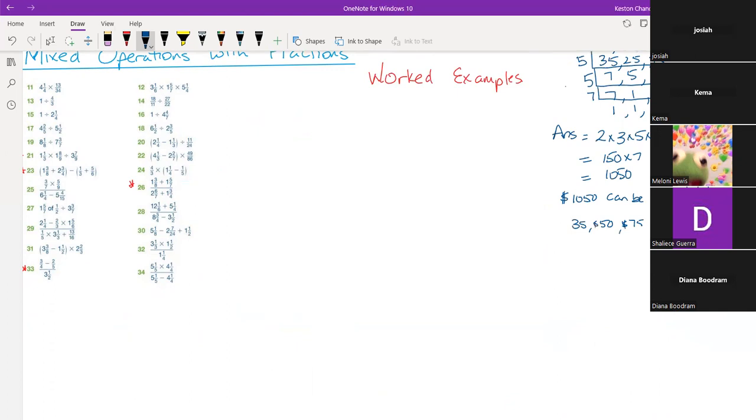Right, a nice little statement. I just don't have too much space, so that's why I'm doing it like that.